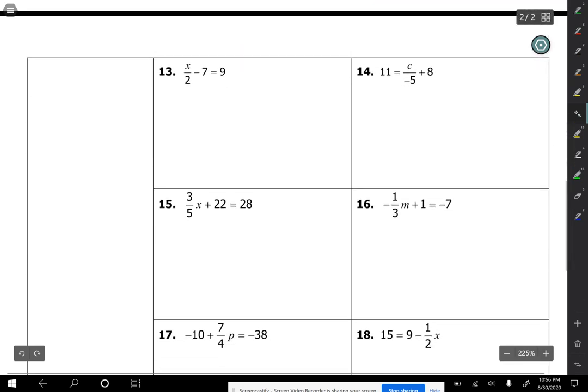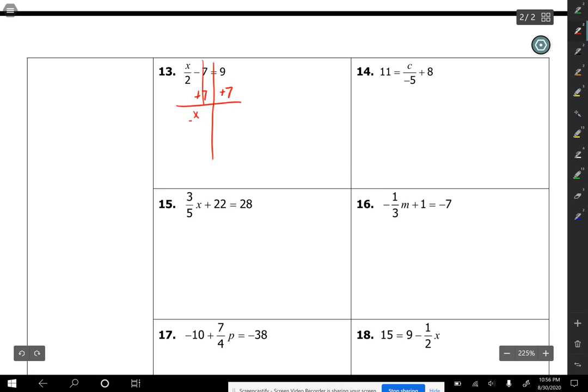Some more examples on the back. Number 13. X divided by 2 minus 7 equals 9. Draw my line down the middle. I'm going to add 7 to both sides first. Cancels out.